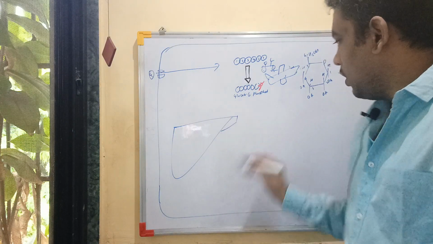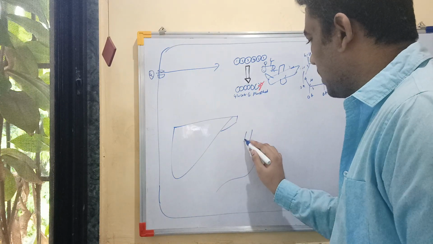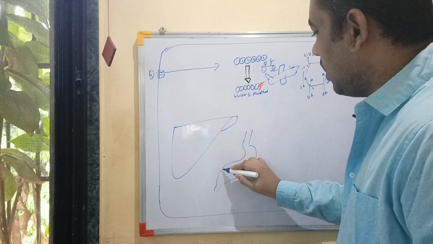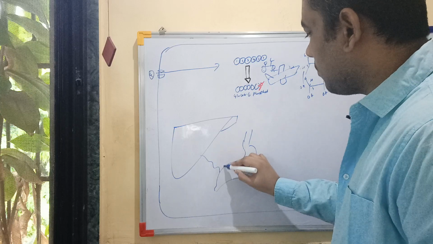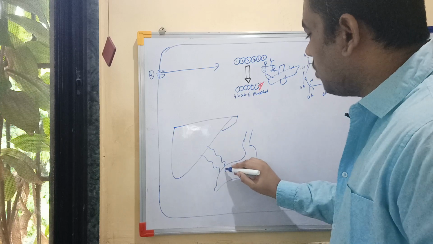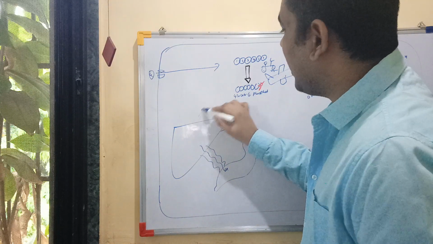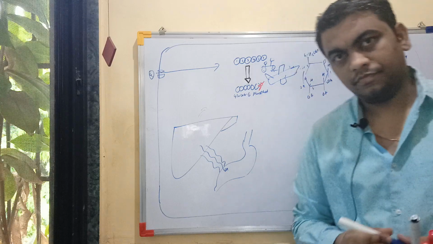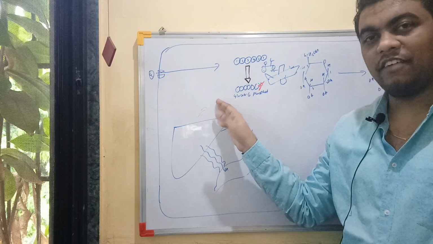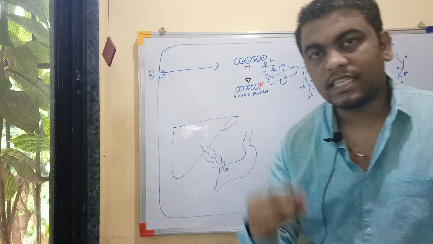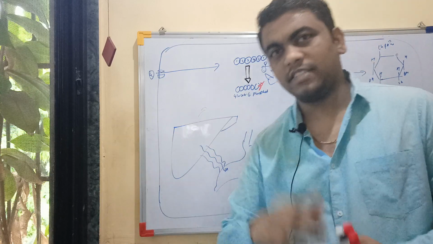From GIT, as we have discussed in the last lecture also, all the glucose is taken in the liver and some amount of glucose is sent back into the circulation. And when the blood glucose level is decreasing, liver sends some amount of glucose back into the blood circulation.